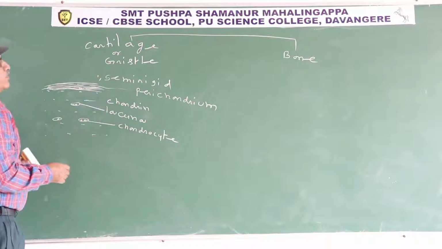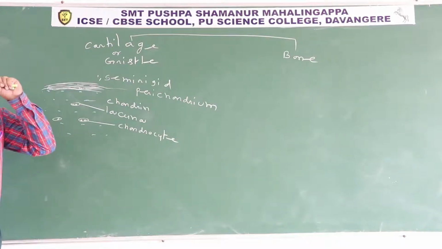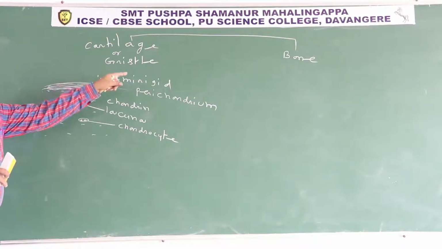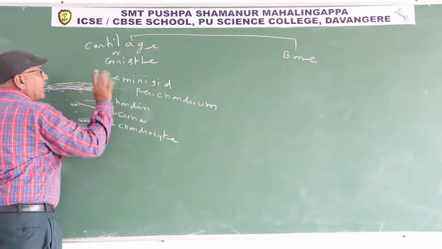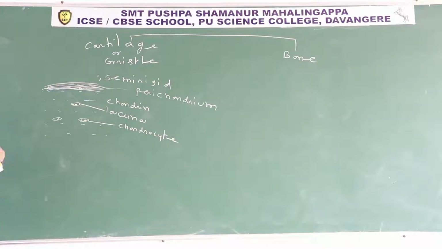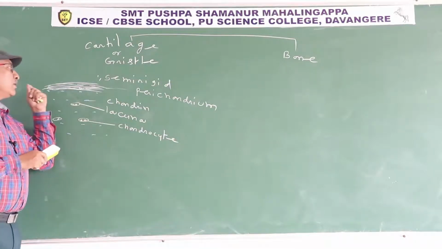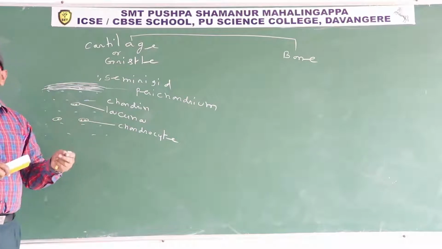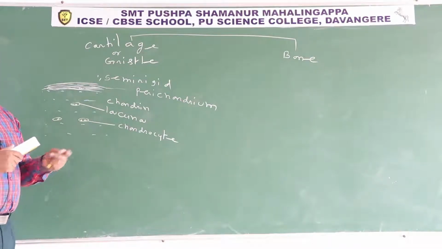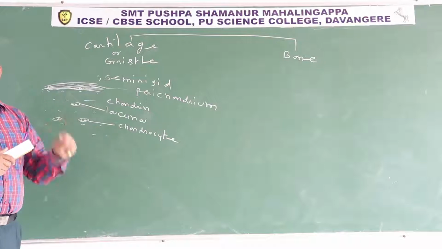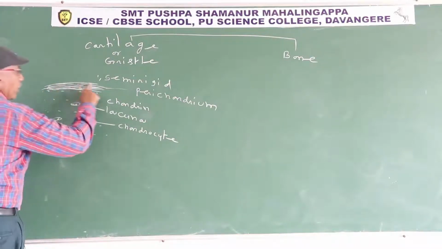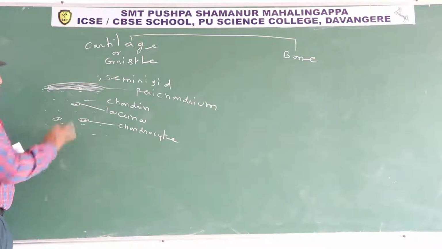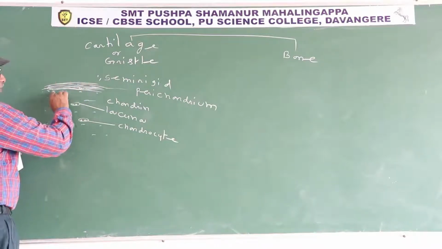So cartilage is one of the skeletal tissues. Another name of cartilage, gristle. Matrix is semi-rigid. It is resistant against compression. It is avascular, no blood vessels.